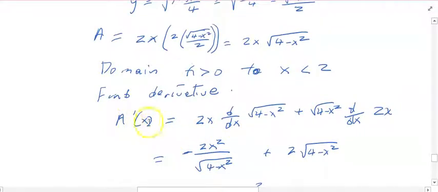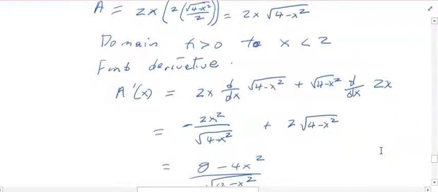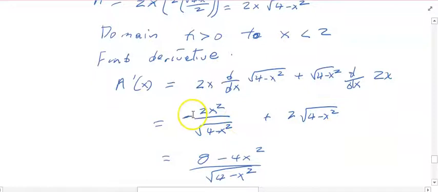A prime of x, the derivative, is going to be 2x times d/dx of radical 4 minus x squared, plus radical 4 minus x squared times d/dx of 2x. We're using our product rule there, and so that's equal to negative 2x squared over radical 4 minus x squared, plus 2 times radical 4 minus x squared.